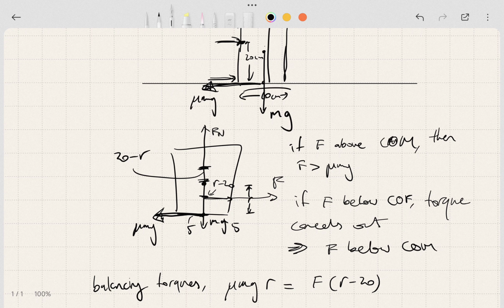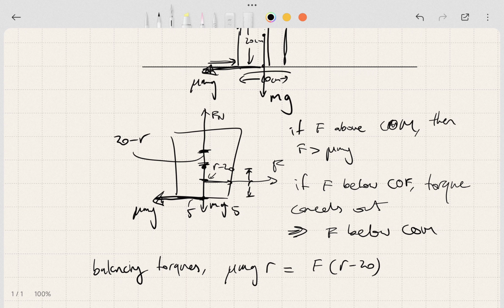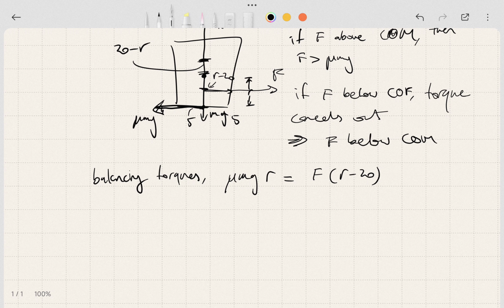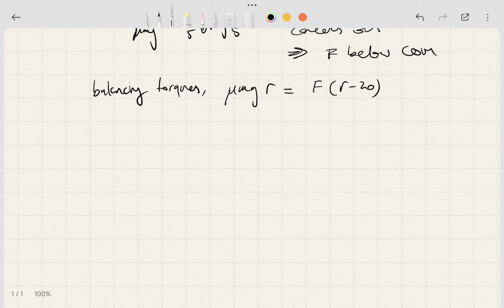Hint 3: essentially, the hint given is saying that the force applied is actually above the center of mass, and has provided us with a diagram as such. This should hopefully be sufficient.